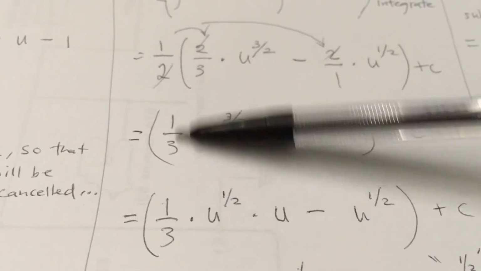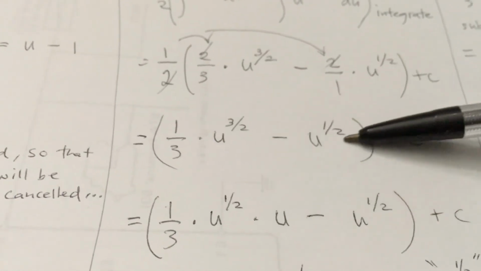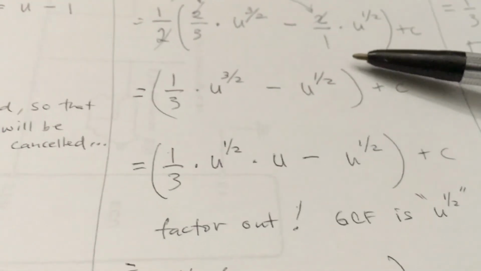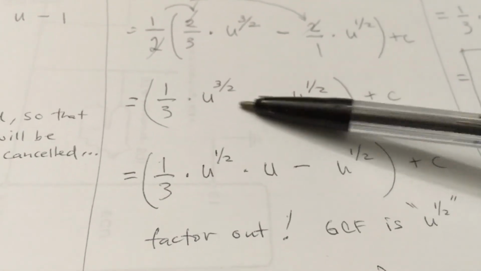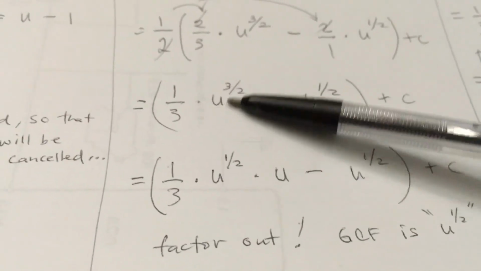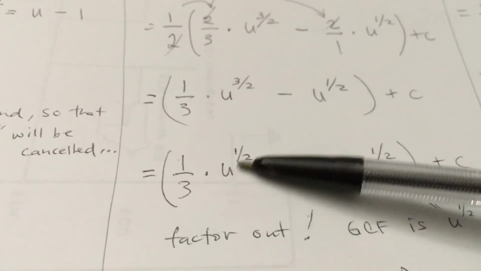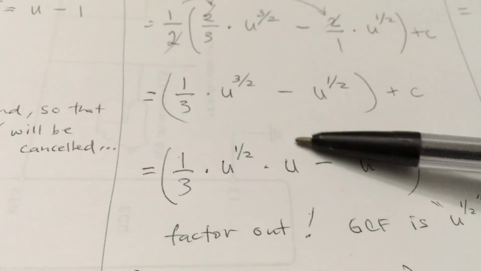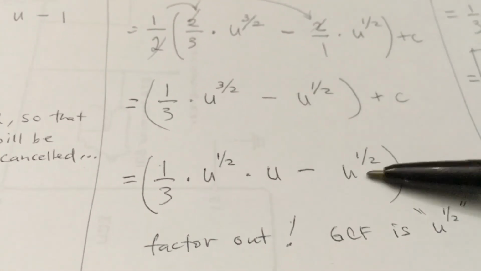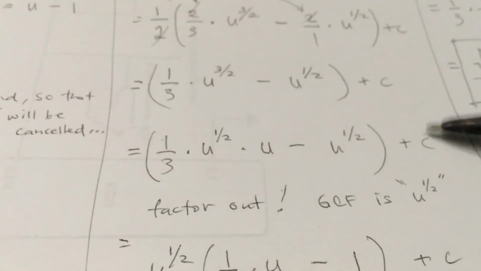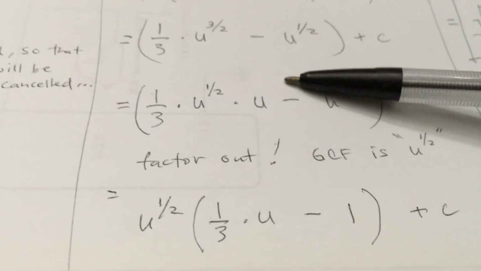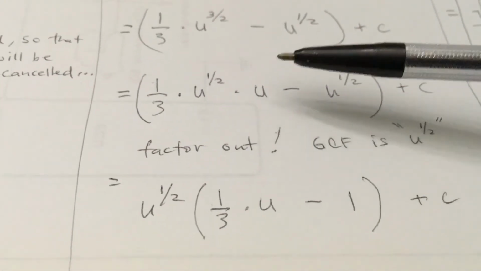One third, the one third will appear, and then after that you have to expand this 3/2 to u raised to the 1/2 times u raised to the first, and copy this. You can put the plus c, that's optional. It is better to put the plus c at the final answer.